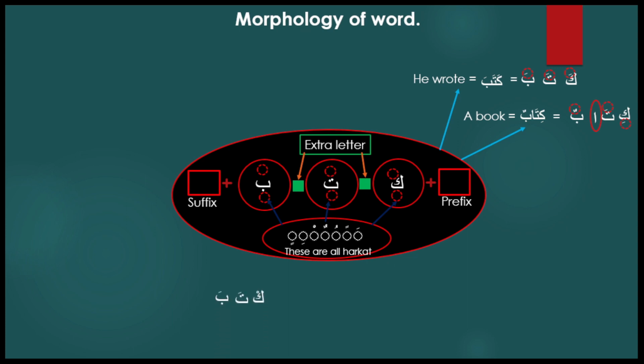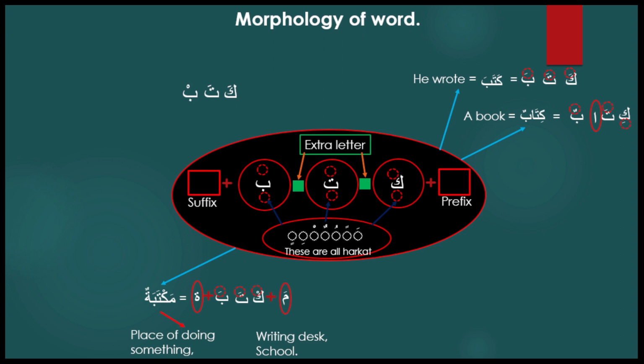We can see the sukun on the first letter and fatha, fatha on the second and third letter. And we can put ma as a prefix and ta marbuta as a suffix, and we will get maktabatun. Maktabatun means maktab, school or madrasa, the place of doing something.